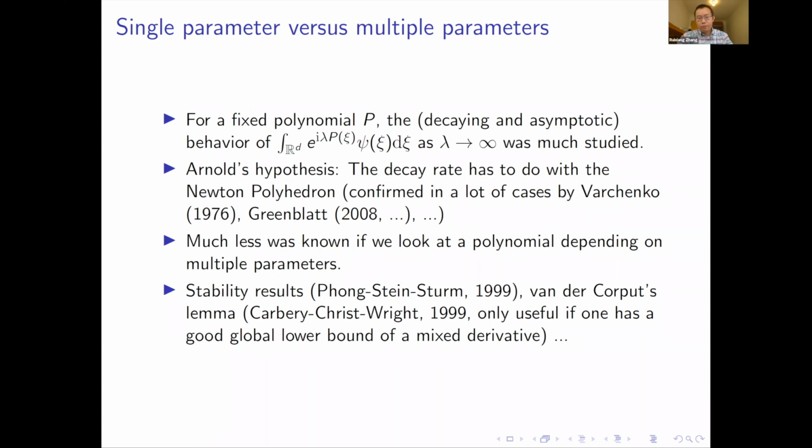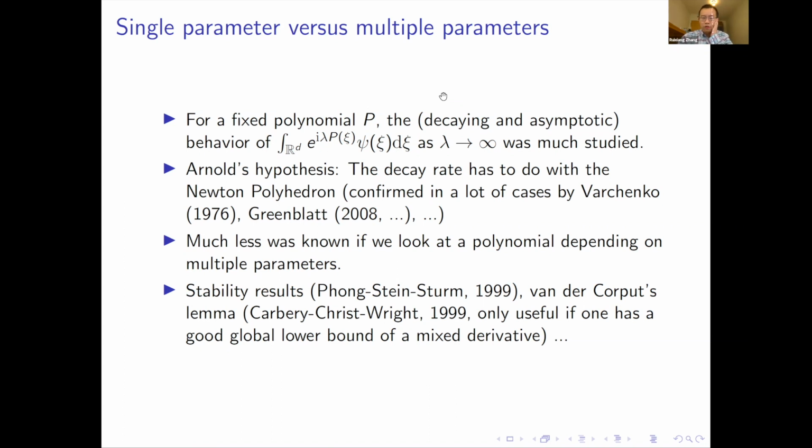I think much less was known if you have more parameters than just this one lambda. By having this one lambda, you're just looking at scalar multiples of a fixed polynomial. So what if we just look at general polynomials, for example? Then much less was known. There are two results that I knew that I show you here. There are stability results by Phong, Stein, and Sturm in, I think, probably dimensions 2 and 3.